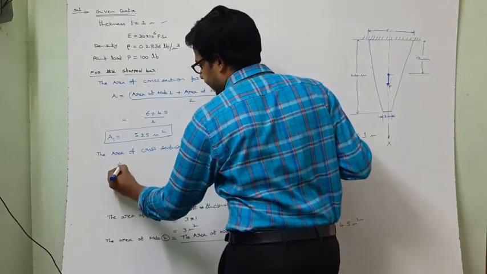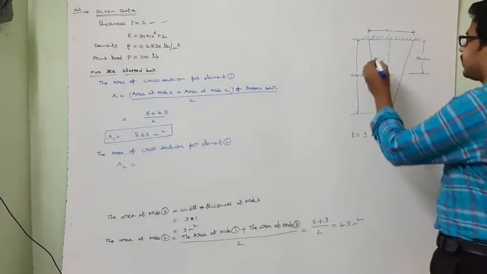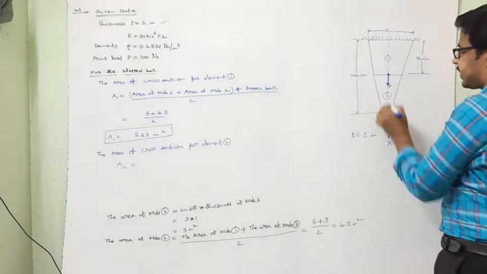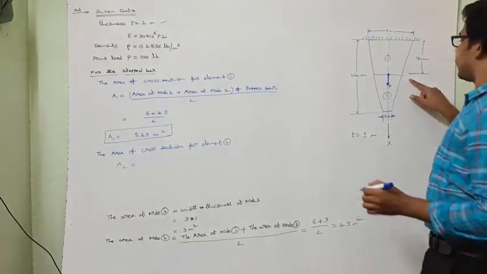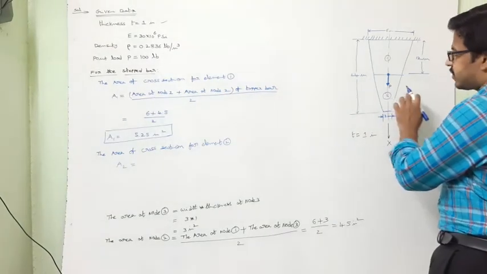So here, this is the first element and this is the second element. What is the area of cross section for the second element?